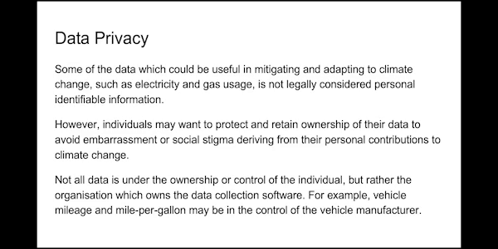So now let me talk about data privacy. Some of this data could be useful in mitigating and adapting to climate change, such as electricity and gas usage data, but this is legally not considered to be personally identifiable information.